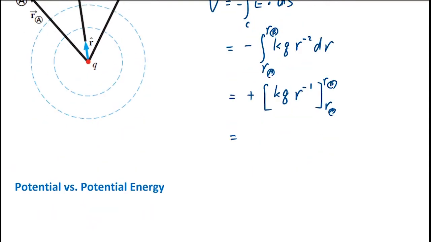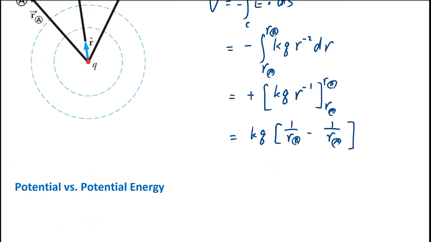Now this minus that, so we have kq times 1 over r at point B minus 1 over r at point A. That makes sense to you?